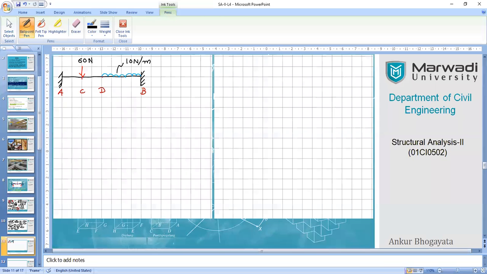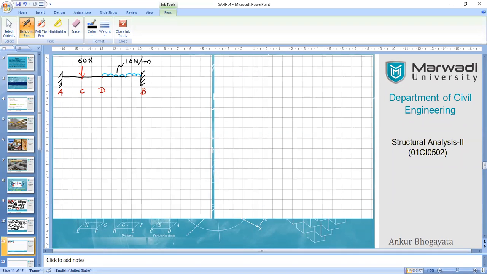There is nothing wrong to use the moment area method again in this case as well. You can definitely develop your simply supported beam for point load only, then simply supported beam for UDL only, and then you can develop your bending moment diagram for fixed end moment.